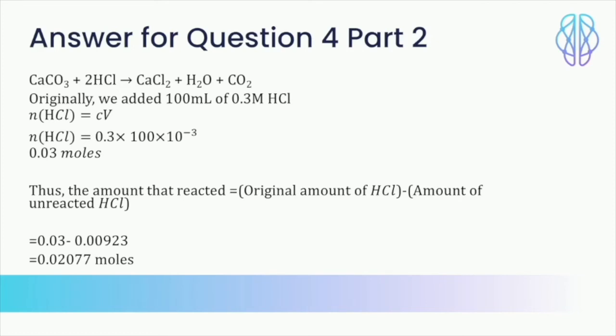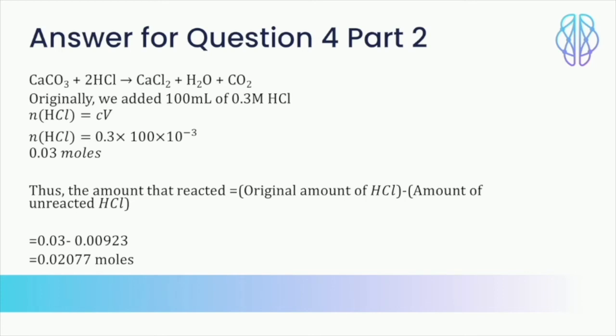As in question 3, we're going to work our way up. So now we're at the level of the eggshell. I've dealt with the titration. Now I've got my eggshell that I've crushed up, and I've added 100 milliliters of 0.3 molar HCl in excess. That's where we are.